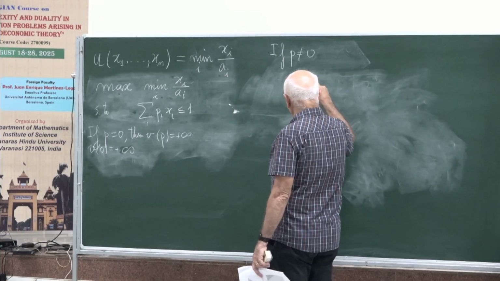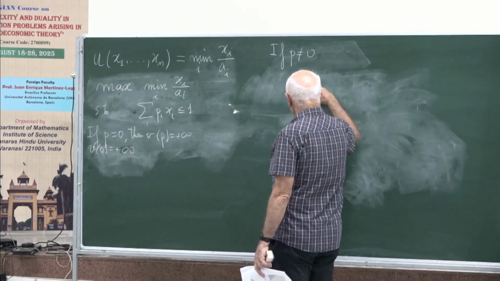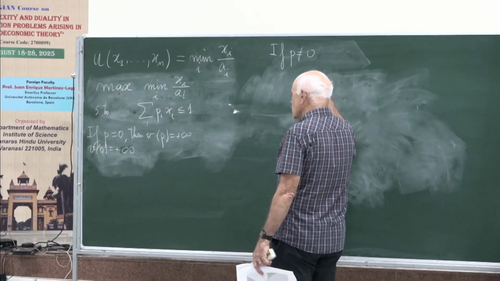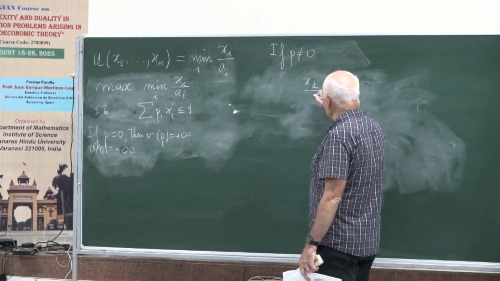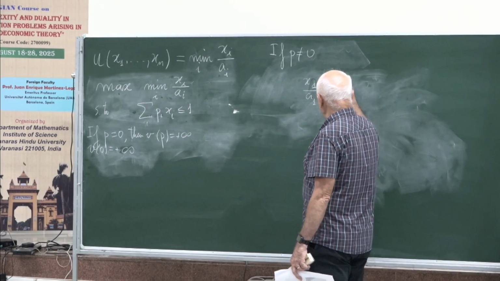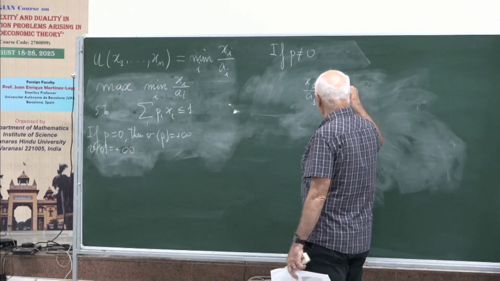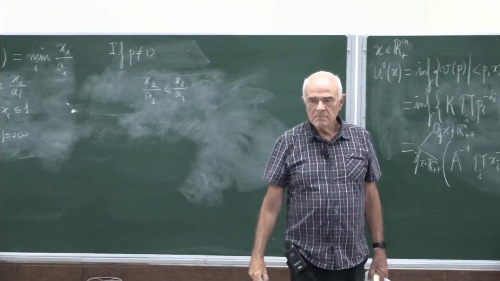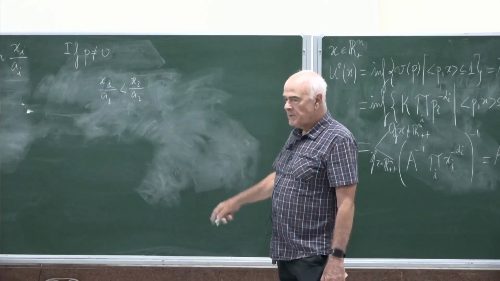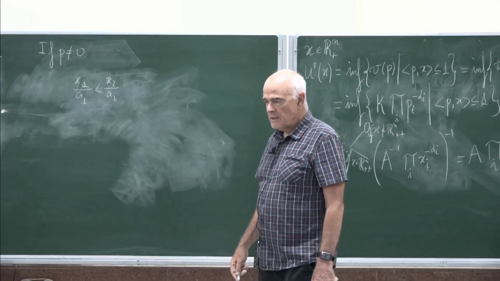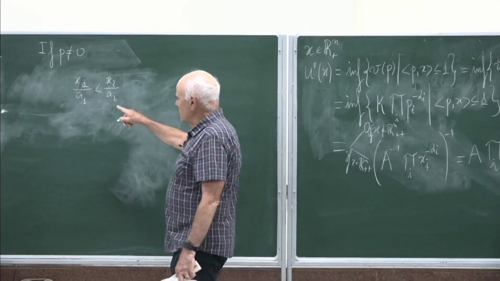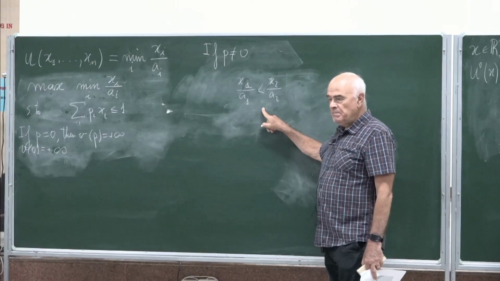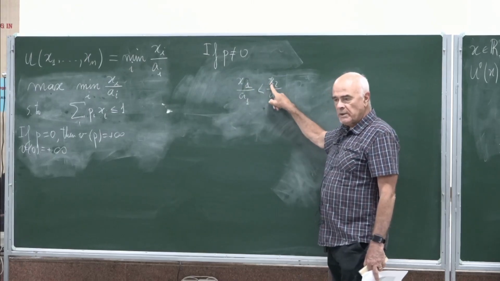Suppose we have, for some solution, let's say x1, in order not to introduce more indices, x1 over a1 is less than x2 over a2. I don't care what happens with the other x_i. Then I will find a better solution than this one by simply changing the values of x1 and x2.